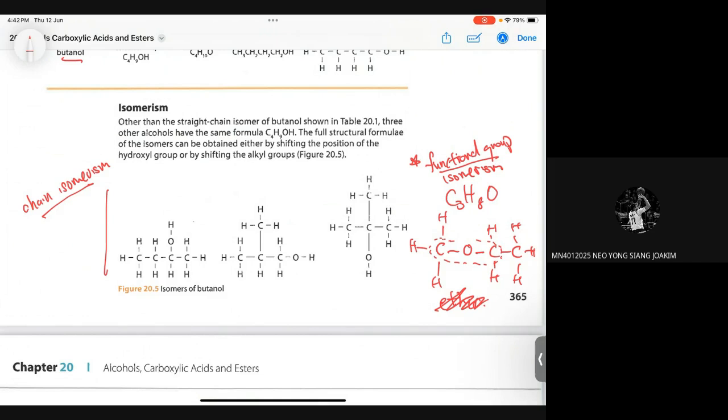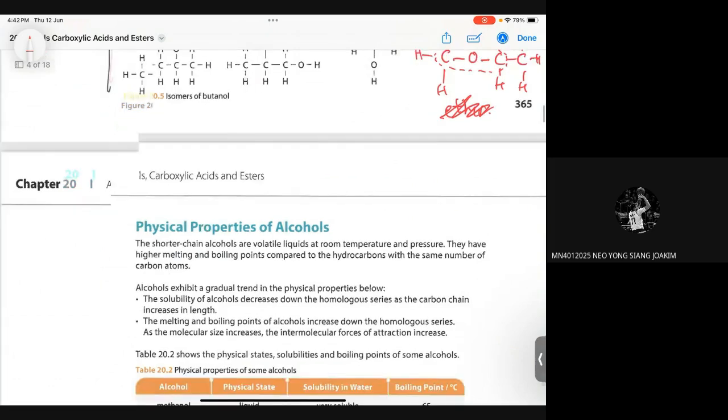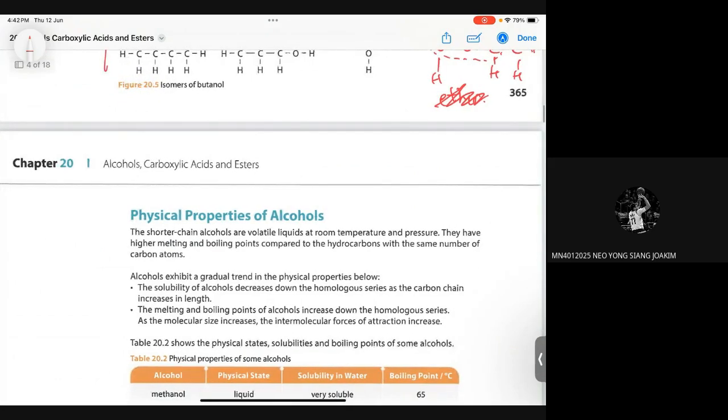Okay, let's go on. Now, physical properties. Actually, you realize it's very similar to alkanes and alkenes, but I just want to highlight one point. These alcohols are actually liquids at room temperature and pressure in general, the shorter chain ones.